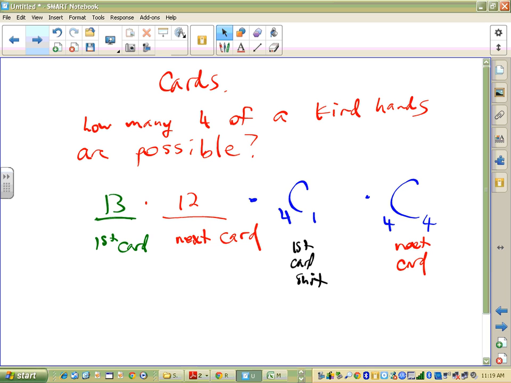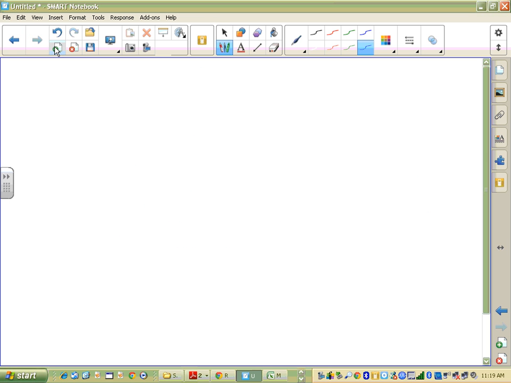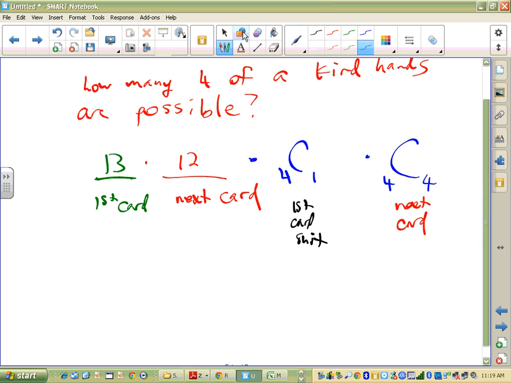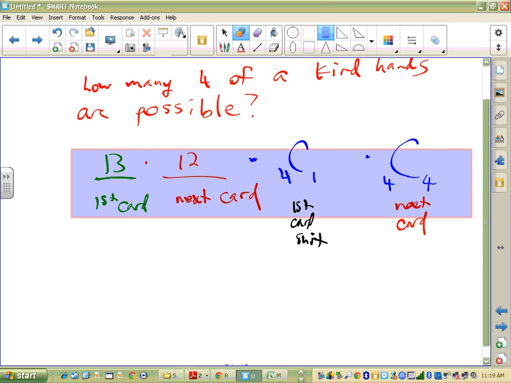As far as how many possible hands are there, does anybody remember how to do that? How many possible hands there are? No, this is all. This is it. How many possible four of a kind cards are there? The other one, how many possible hands are there?